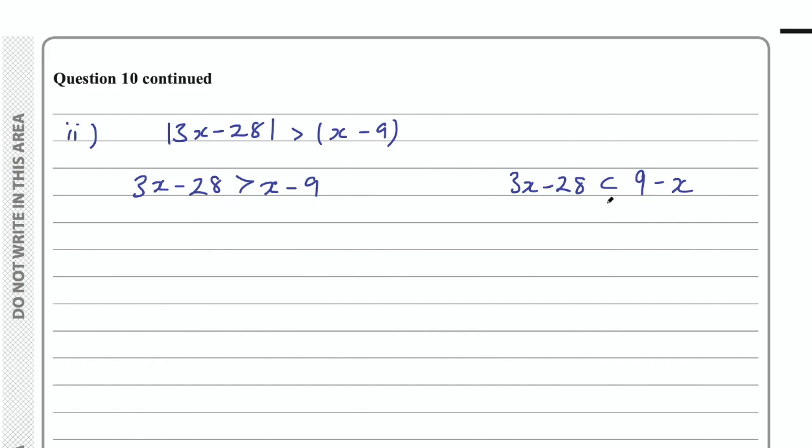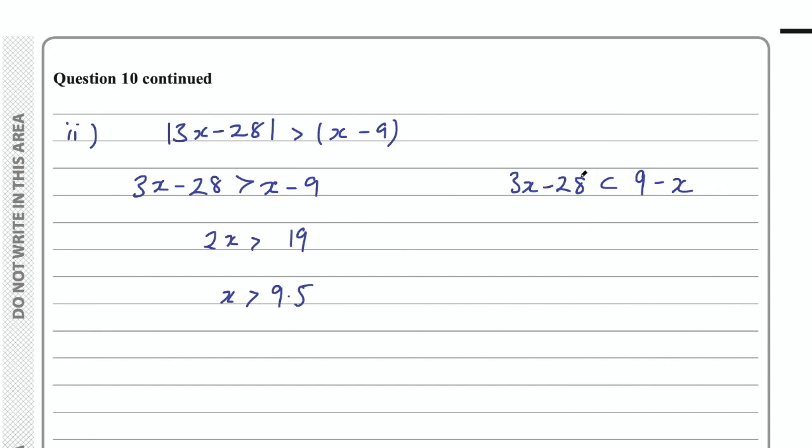Okay, so then we have to solve for x in these two cases. So add 28 to the right hand side, take x, we'd get 2x greater than negative 9 plus 28, that's 19, and then x greater than 19 divided by 2, 9.5. And let's solve this one over here for x.